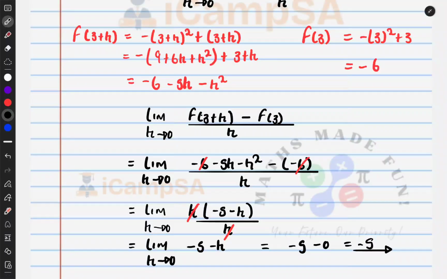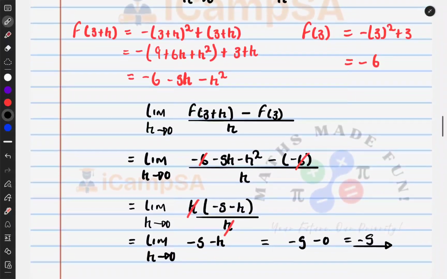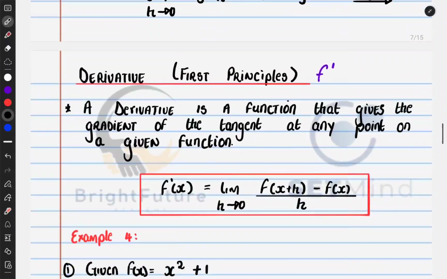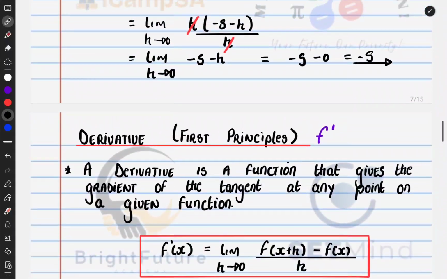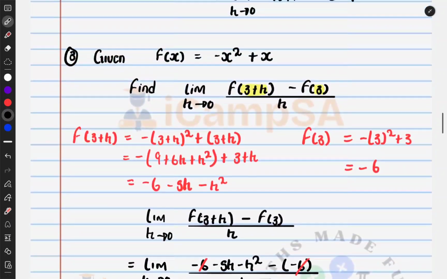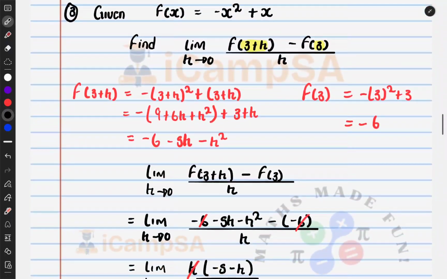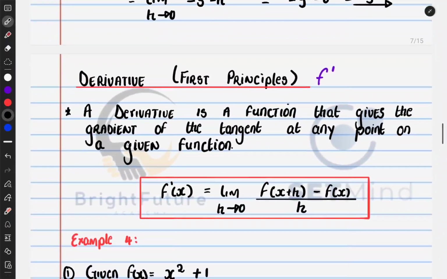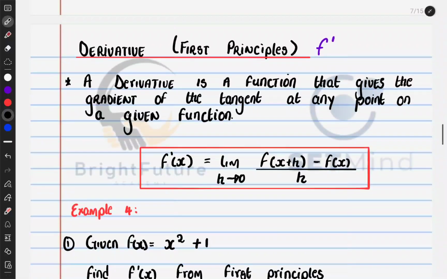So that is how we determine the derivative, the limit as h approaches 0, or the gradient at a single point. And then next we have the derivatives.